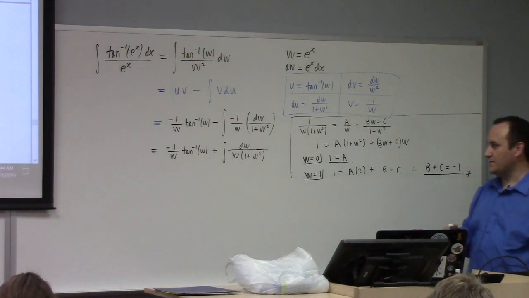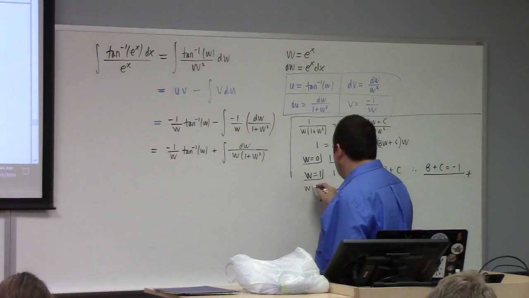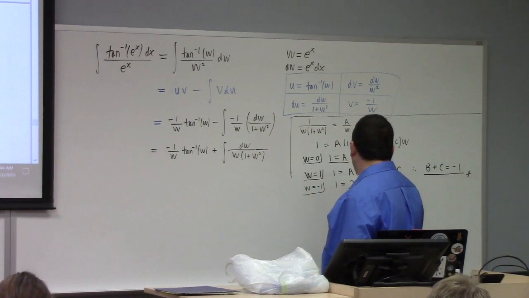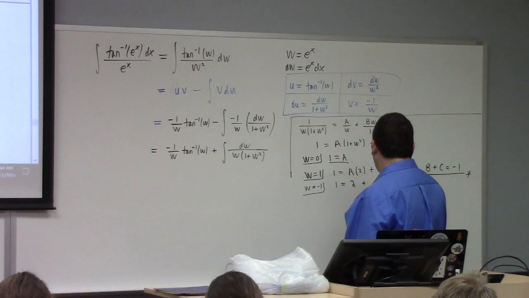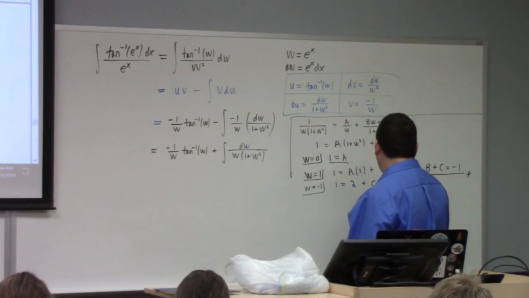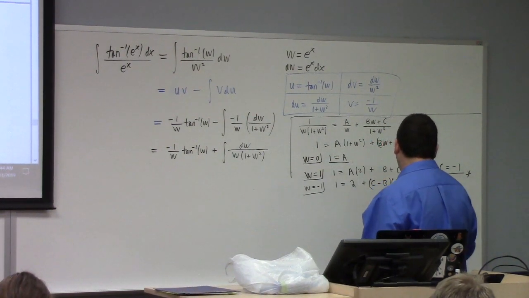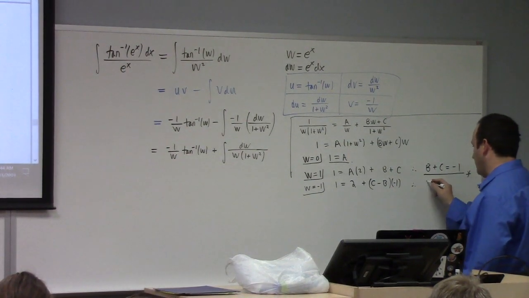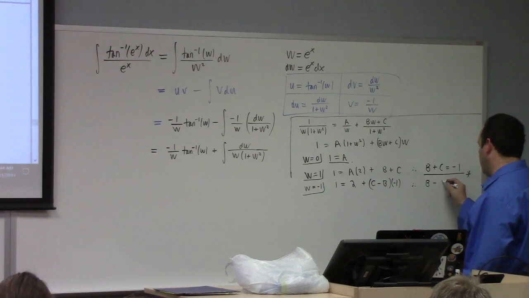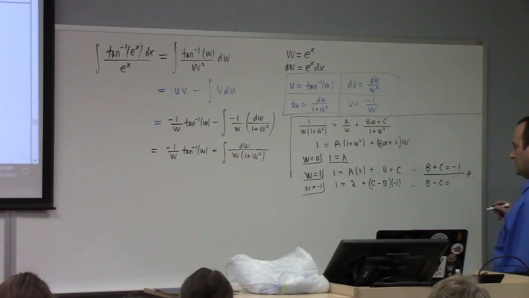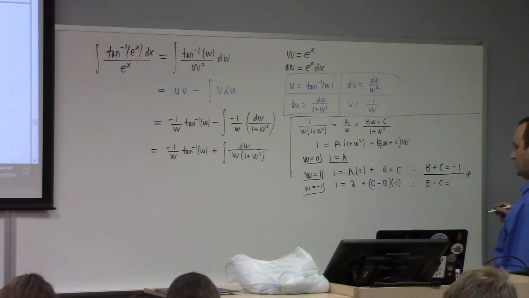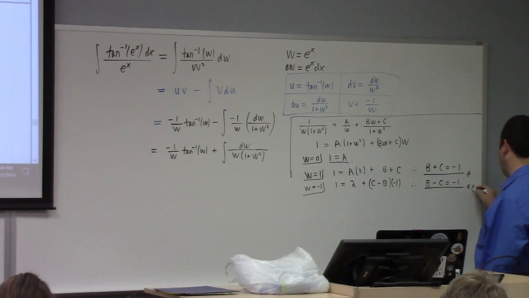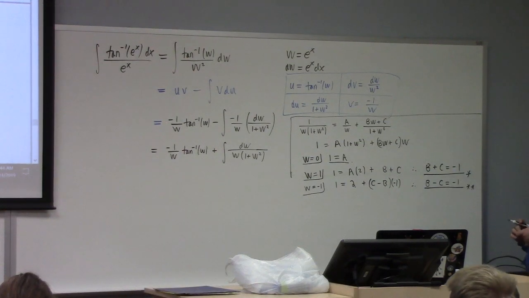And let's put in w equals minus 1 because that should give us a kind of nice equation too. So that gives me that b minus c equals, well, minus 1. Call that star star. What happens if you work with star star and star?